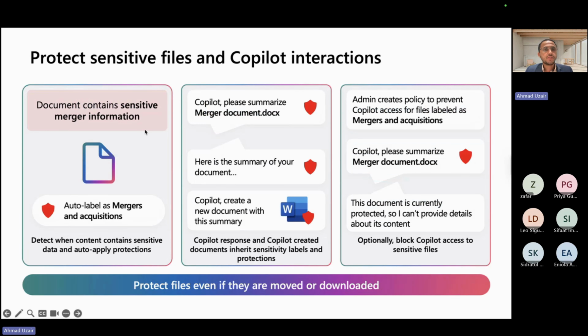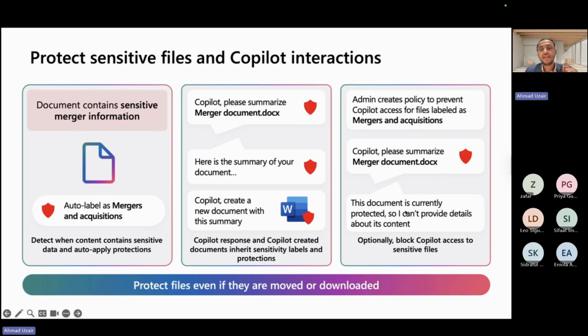Then we need to, of course, protect the sensitive files. So we need to label the data, which one is, let's say, mergers and acquisitions or confidential data, and so on. When you do that, you see over here, when the admin creates a policy that Copilot should not access the files with this label, and someone asks, okay, Copilot, can you please summarize this?